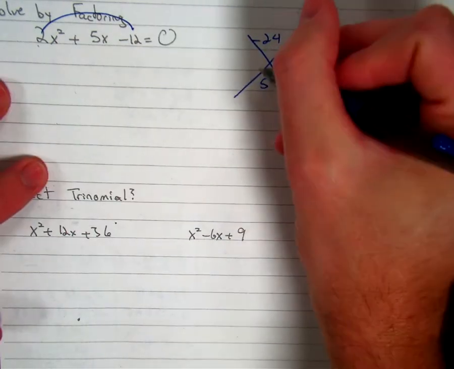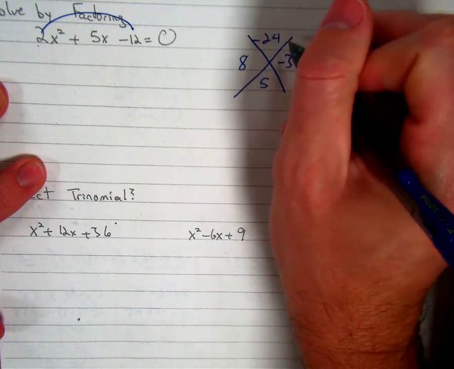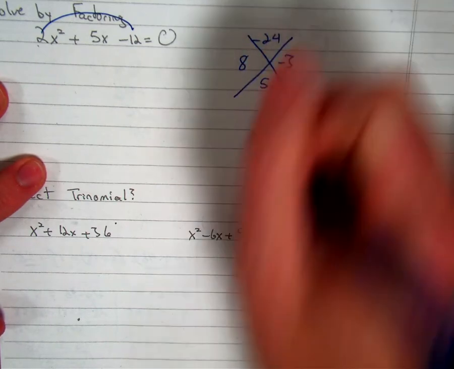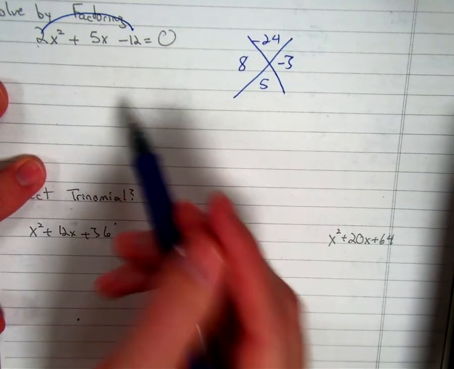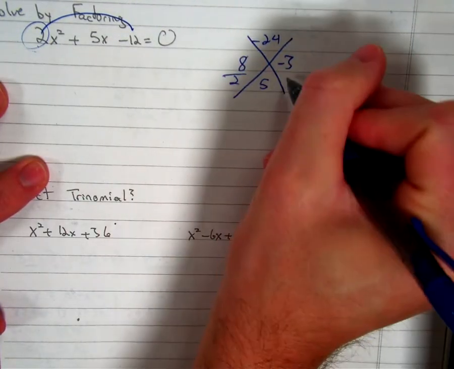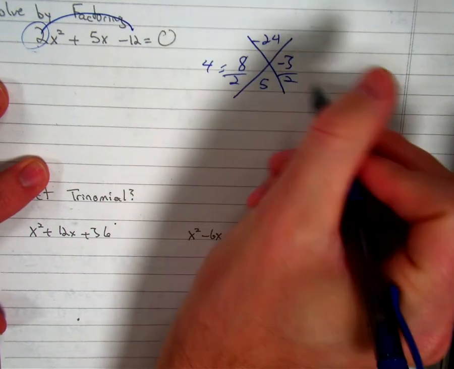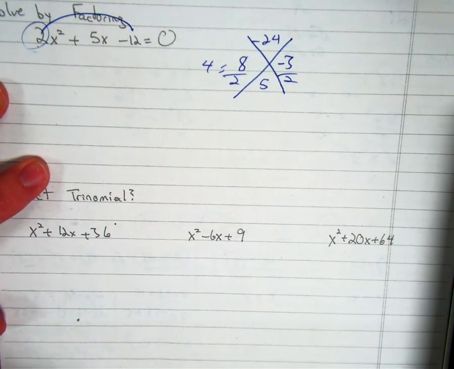Okay, we're going to get a positive 8 times a negative 3. That would be negative 24, and 8 minus 3 would be 5. So now we have those numbers. Remember, we have to come back with our a and divide. So this one worked out, it equals 4. This one doesn't work out.